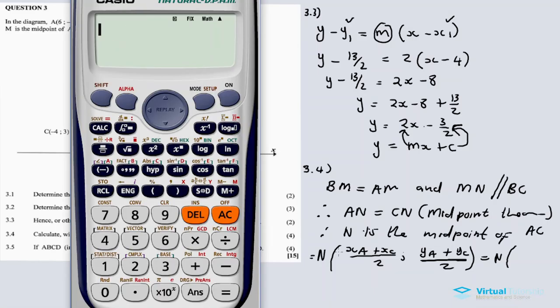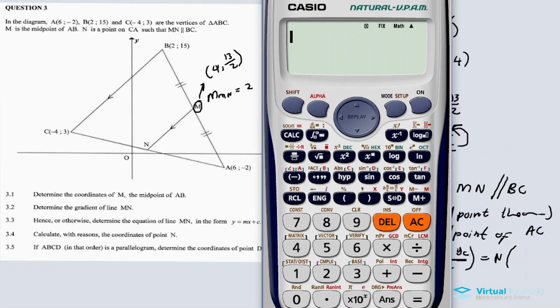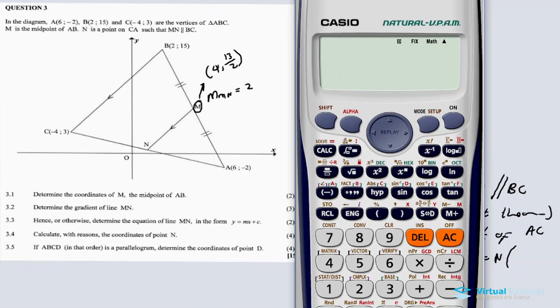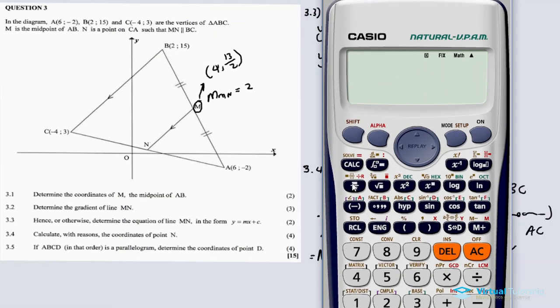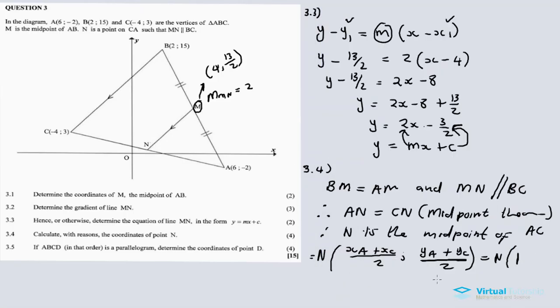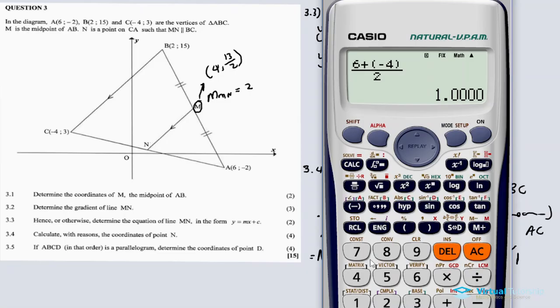Let's do this. For the x-coordinate, XA is 6 plus XC which is 2, everything divided by 2, is equal to 4. For y, it's going to be 6 plus negative 4 in brackets divided by 2, which is 1.